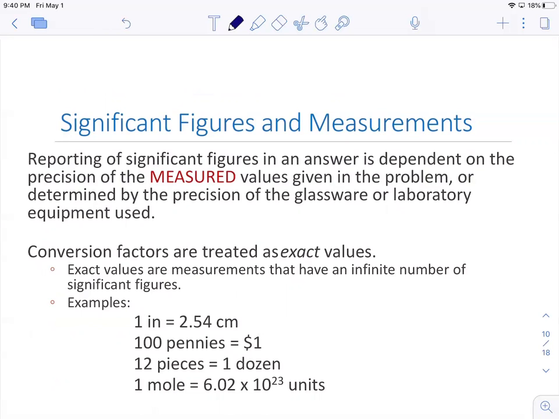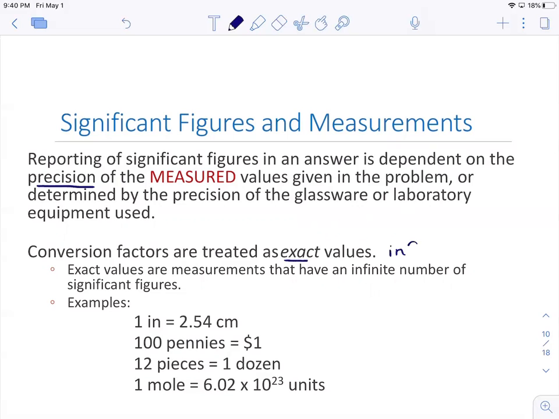And so it depends on the precision of the measured values given in a problem. So when we go into the lab, or if we're given numbers in a mathematical practice on our exam, we've got to look to the precision of those numbers. So conversion factors, which we'll use a lot today, are exact values.